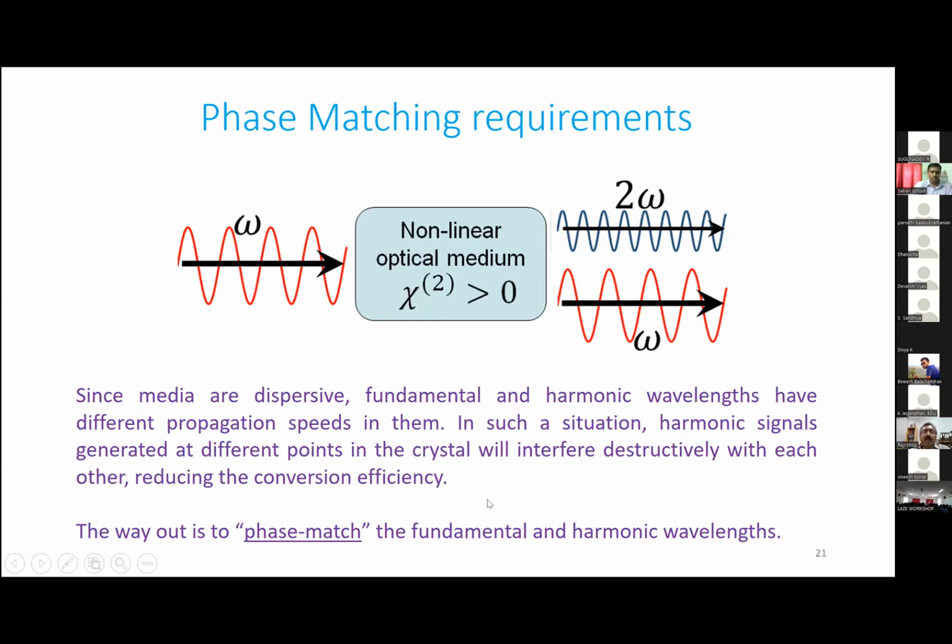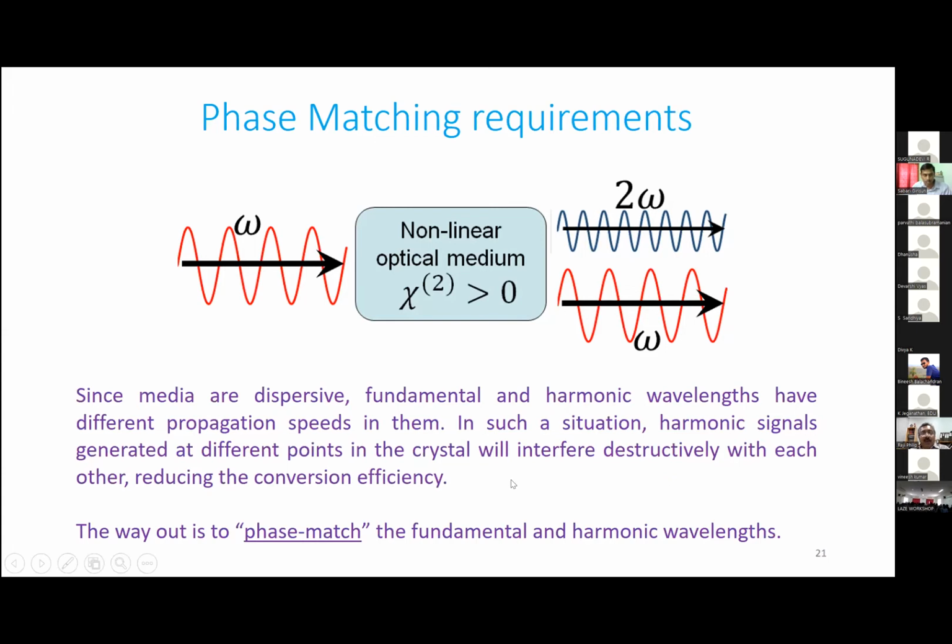Basically, the fundamental beam is passing, it is generating second harmonic. Unless these two beams travel at the same speed, there cannot be a proper energy exchange from the fundamental to the second harmonic. So when the speeds are different, there will be destructive interference. I'll show that in the next slide, and you won't get efficient second harmonic.